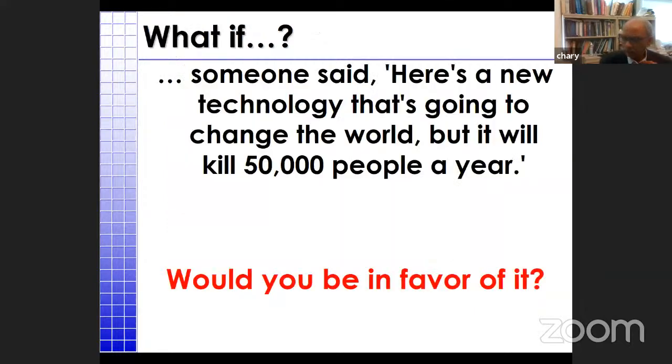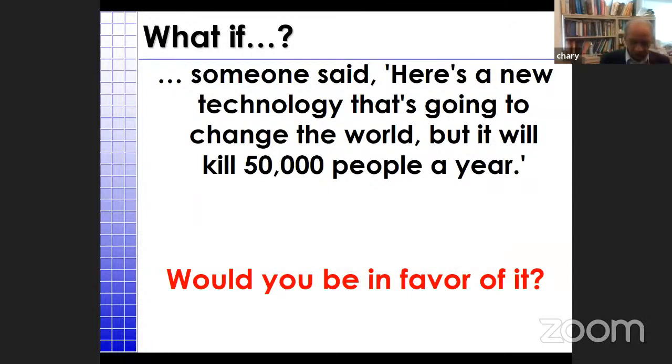All right, finally, I want to leave the talk with a simple caution for people working on nanomaterials. Although nanomaterials are fancy to work with, there are some dangers too. Here is something that I always ask people: if there is a new technology that is going to change the world, but it will kill 50,000 people, would you be in favor of it?